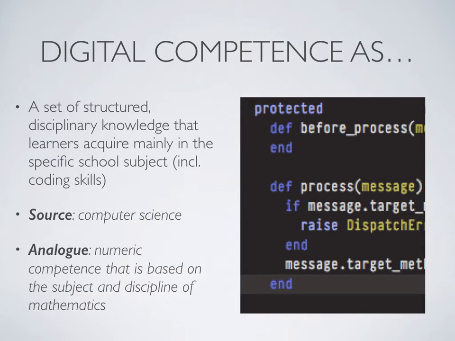This includes theoretical knowledge coming from computer science, but also coding skills, knowledge maybe about computer hardware, and this kind of classical traditional approach to digital competence is quite similar to numeric or mathematical competence that is based on the discipline of mathematics and is taught in the school subject mathematics.